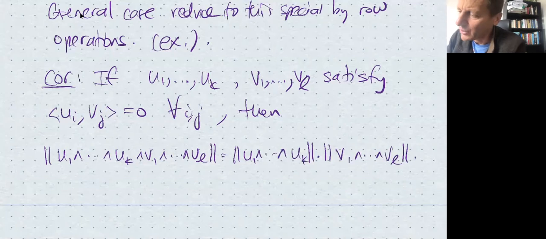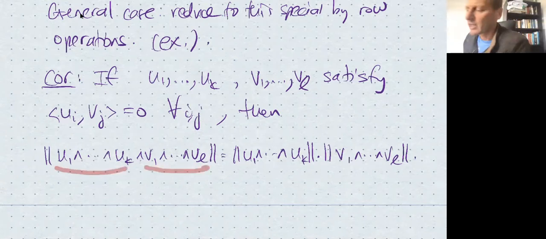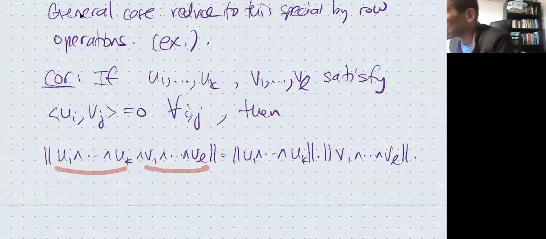So we're in the case of products of decomposable elements. This is a decomposable element, and this is a decomposable element. For products of decomposable elements, the norm inequality becomes an equality exactly when they're orthogonal. We're only going to need this direction, so I'm going to prove this direction.